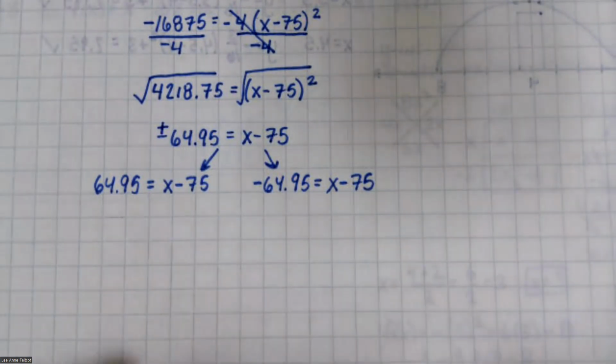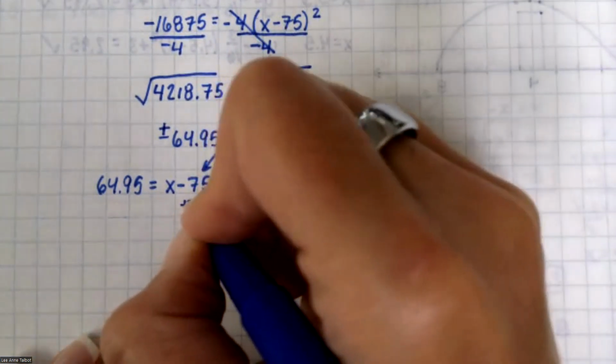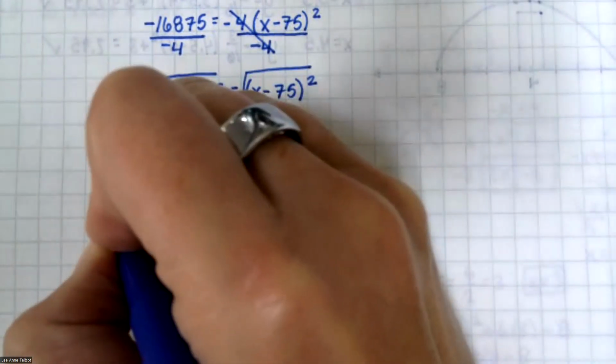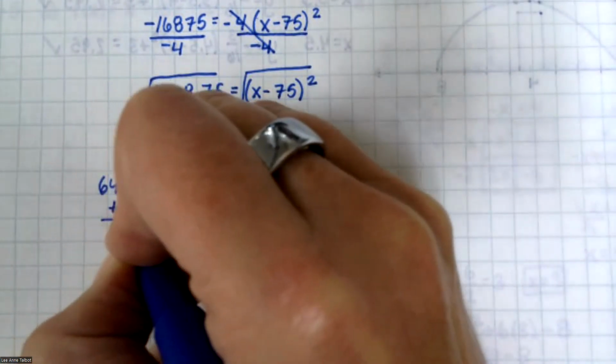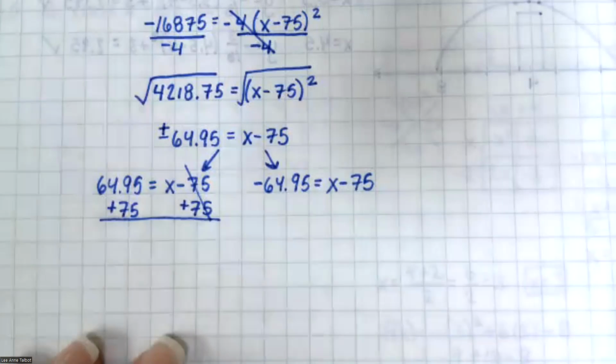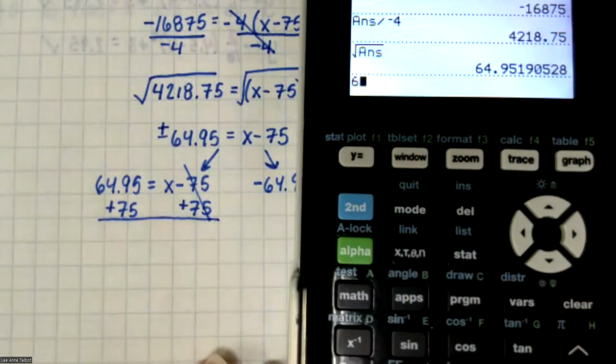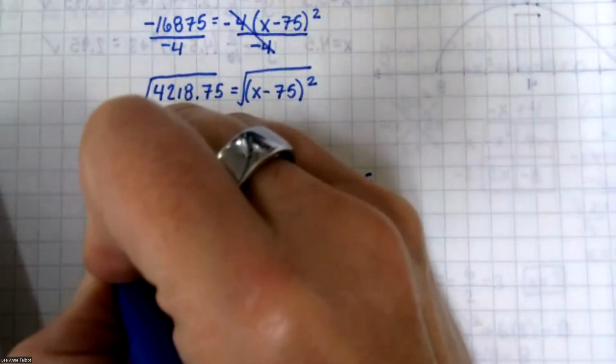This is my special font. How could your handwriting not be perfect? I don't even know how. 64.95 plus 75, 139.95.